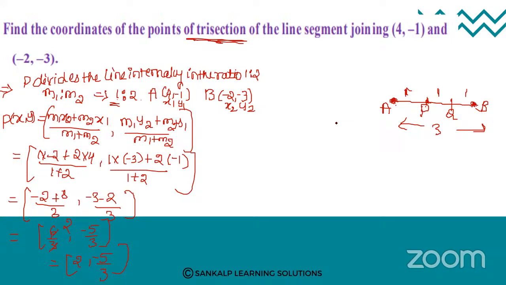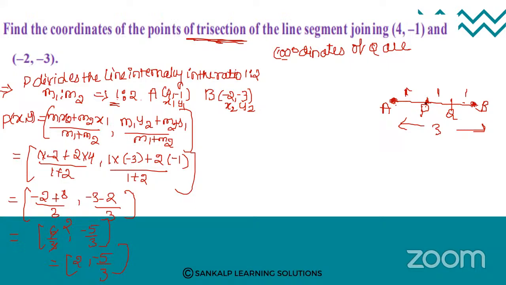P and Q are called trisection points. Now the coordinates of Q. See, if the point P divides the line in the ratio 1:2, like that Q divides the line in the ratio 2:1.